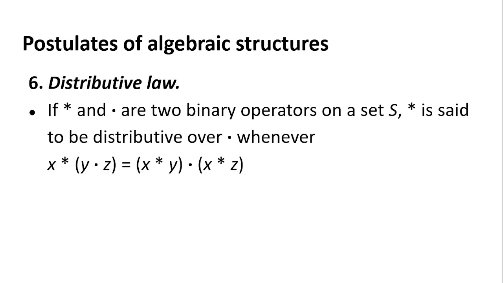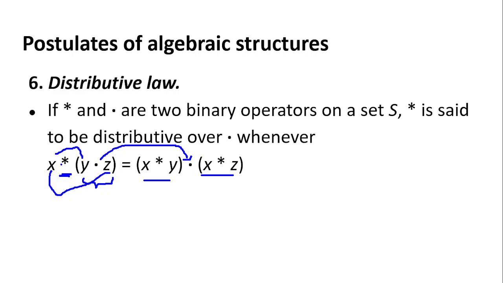So the distributive law is based on two binary operators, let's say star and dot. If there are two operators star and dot, then you can say that they can be distributed if you have x dot, y star z, instead of that, you can apply dot with the first element, and dot with the next element, and then combine them with the star.